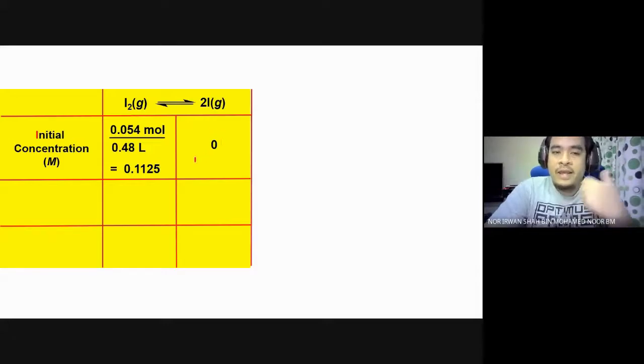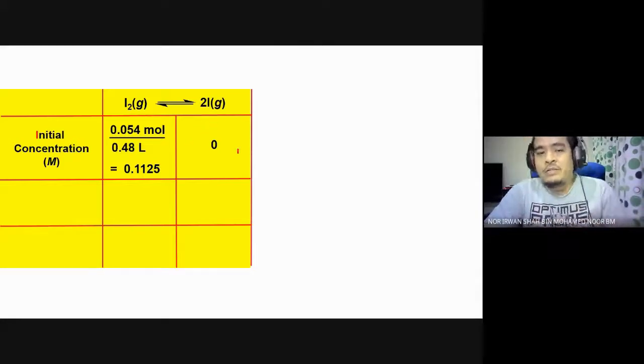And then what happened? The iodine vapor starts to decompose, so its concentration decreases, while the gaseous iodine atom starts to increase its concentration.